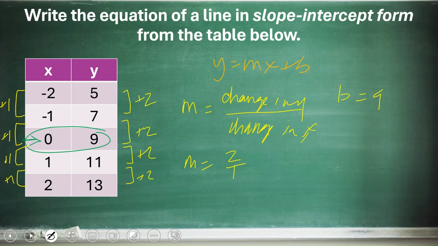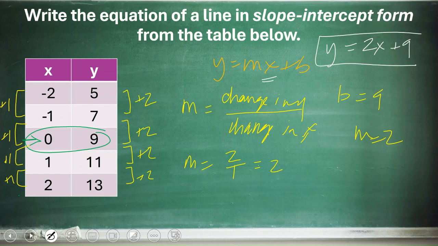In math, we typically don't write fractions with a 1 in the denominator, so we could really just say that my slope is 2. Okay, so let's go ahead and then write our equation. So I'm going to say y equals, my slope is 2. That gets multiplied by x, and then my y-intercept is 9. So that is how you write the equation of a line in slope-intercept form when you have a table.